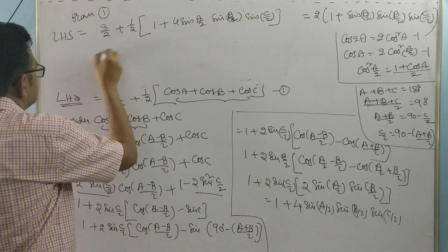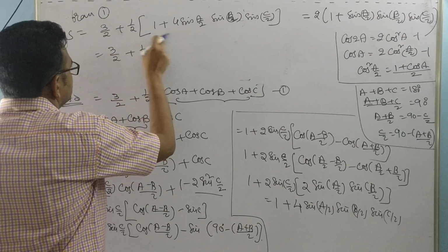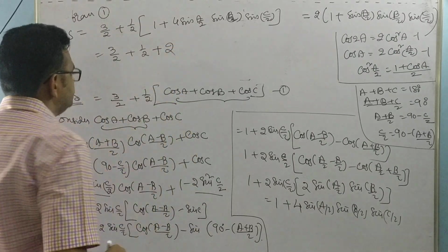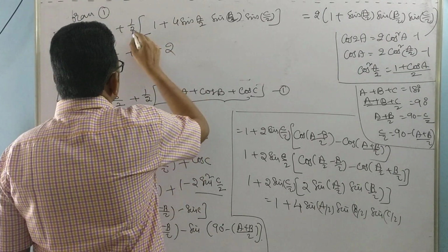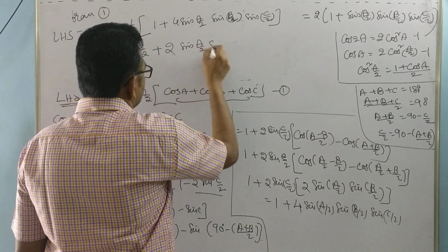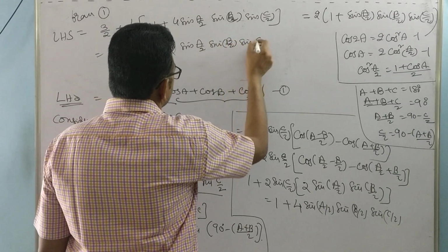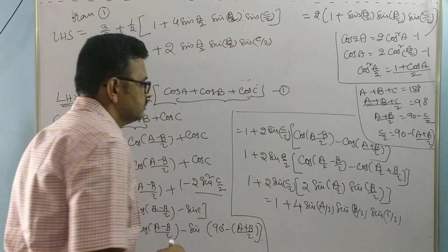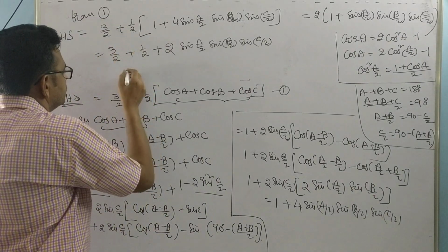So this is equal to 3 by 2 plus 1 by 2 times, so this is 4 by 2, which is 2, of sine A by 2 into sine B by 2 into sine C by 2. So this is 3 by 2 plus 1 by 2 is what? 4 by 2, which is 2.